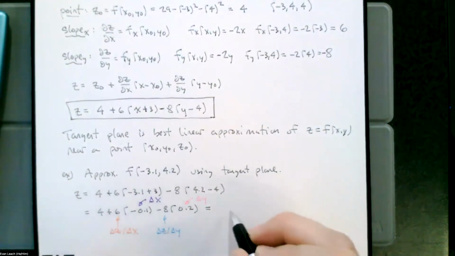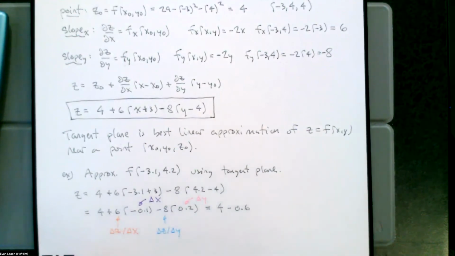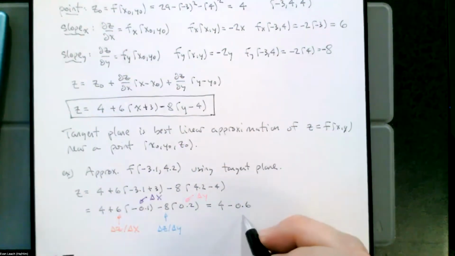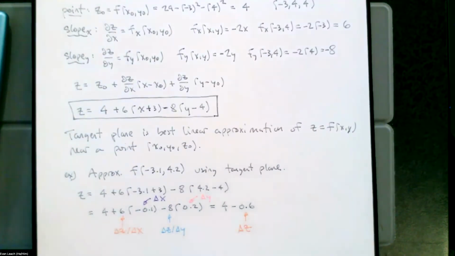So when I multiply these, I get 4 minus 0.6. If I take delta z over delta x and multiply by a delta x, the delta x's cancel. That's our delta z, how much z is changing. That's the contribution from the x changing.